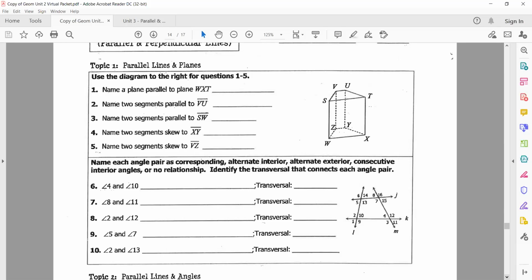Now, I know that the instructions for this group of problems tells you to identify the transversal last, but I would recommend that you identify it first. Once you know which angles they're talking about, like number 7 says angle 8 and angle 11, what transversal are those angles on?